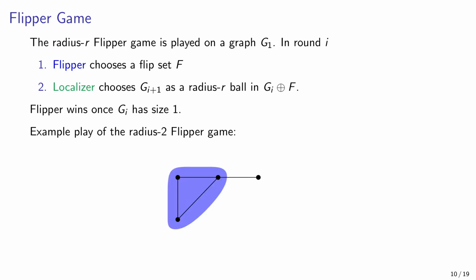Again, it's flipper's turn. Flipper will, by his flip, destroy this triangle. Localizer's turn. We are only left with a single edge. This flipper can flip away as well. And with the next localization, the graph has shrunk to a single vertex and flipper wins.